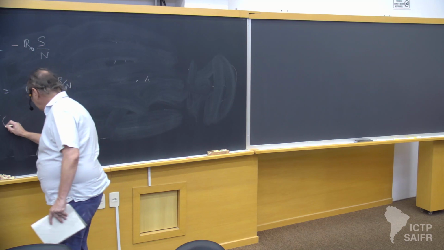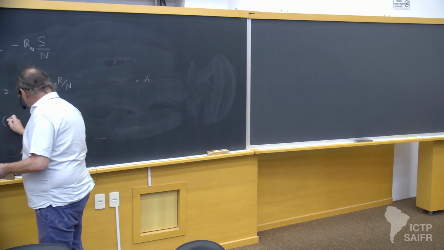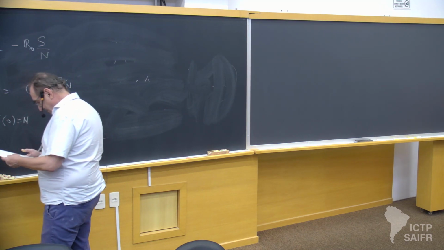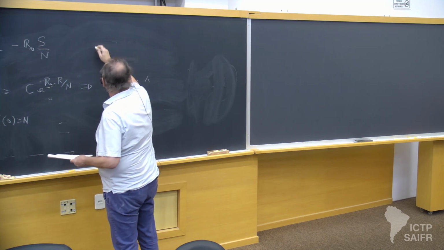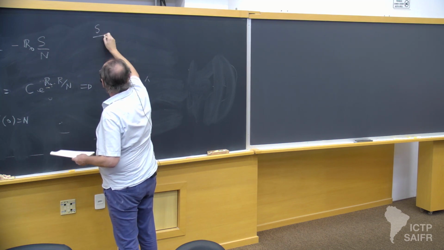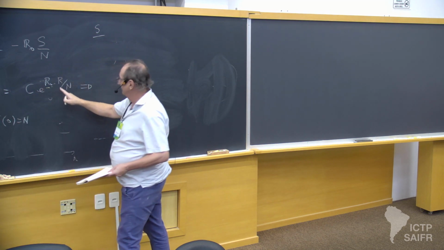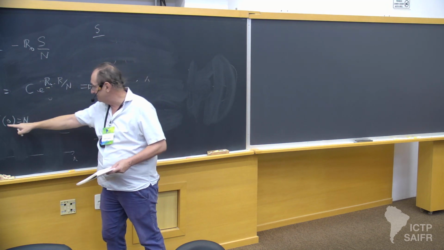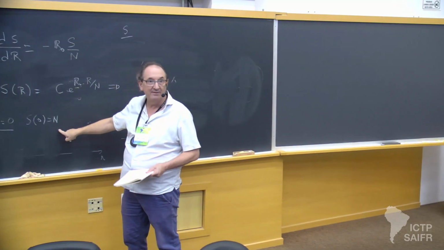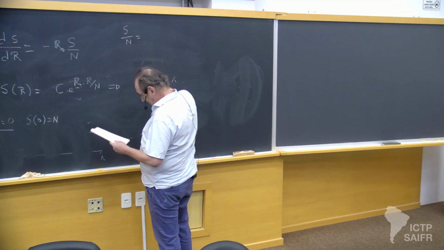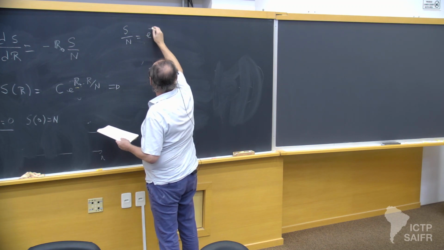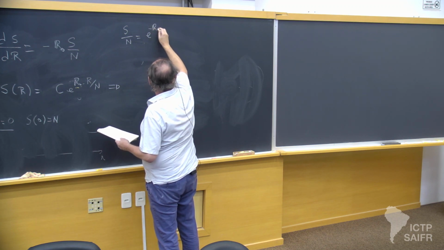So S at time 0 is just equal to n, which implies that the constant C is equal to n. So S over n is equal to e to minus R0 times R.